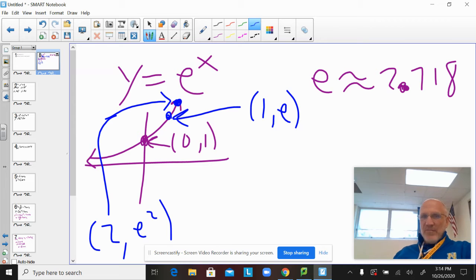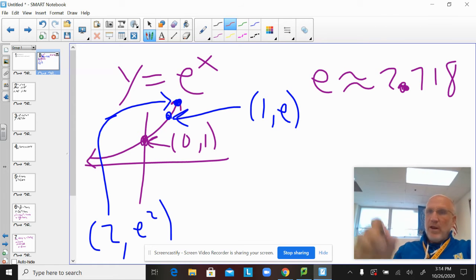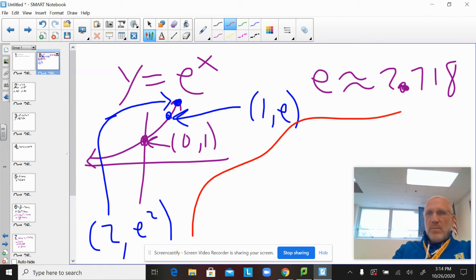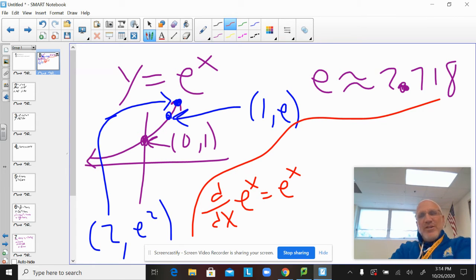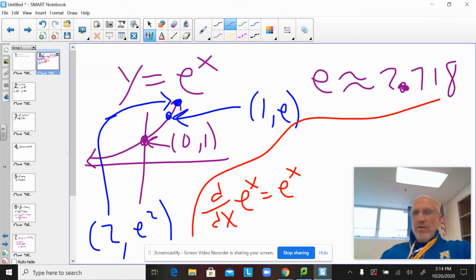It turns out that the derivative, and this is going to seem weird, I promise you it's right, is that the derivative of e to the x is e to the x. The derivative of that function is itself, which makes it a very unique function.